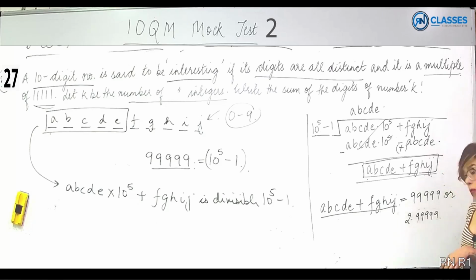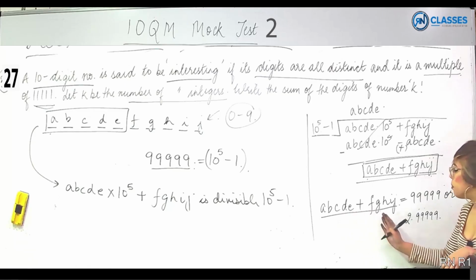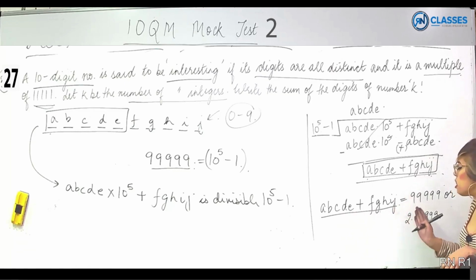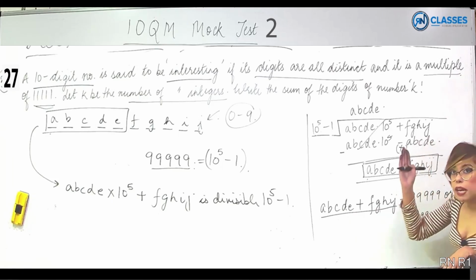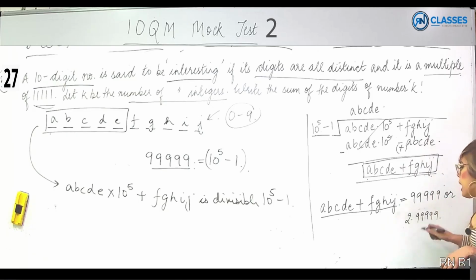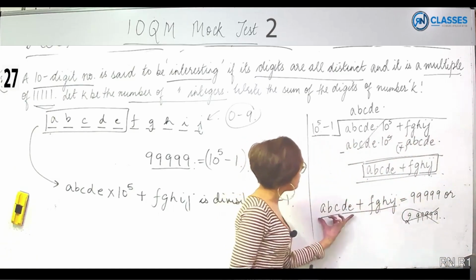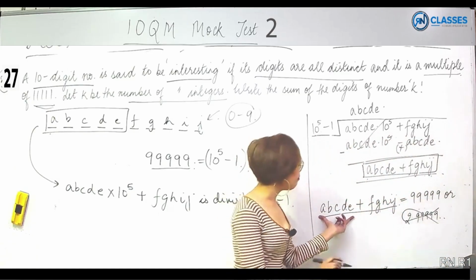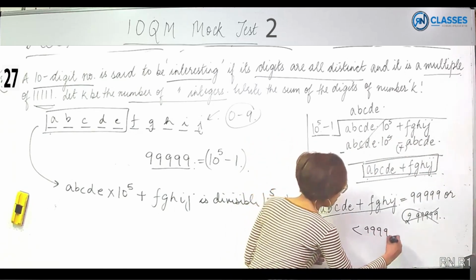But further possibilities will not work, because adding two 5-digit numbers will not give me 3 into 99,999. So now that I think about it, even this multiple is also not possible. Why? Because if you can see A, B, C, D, E, all the digits are distinct, so definitely this number is less than 99,999.